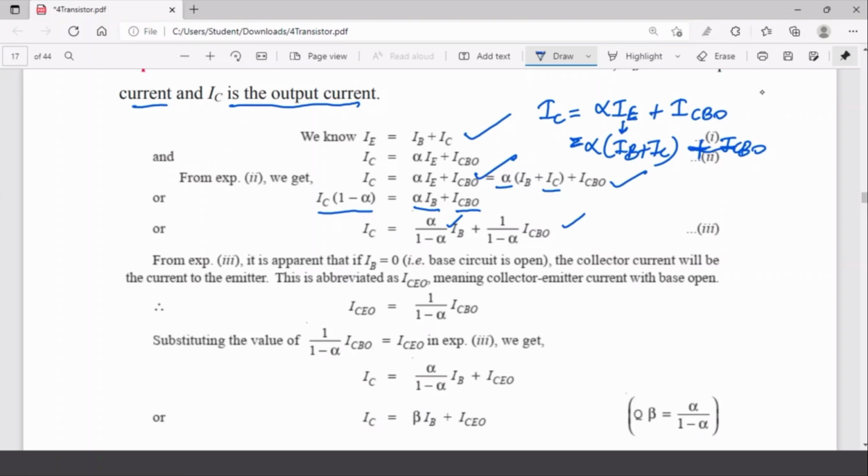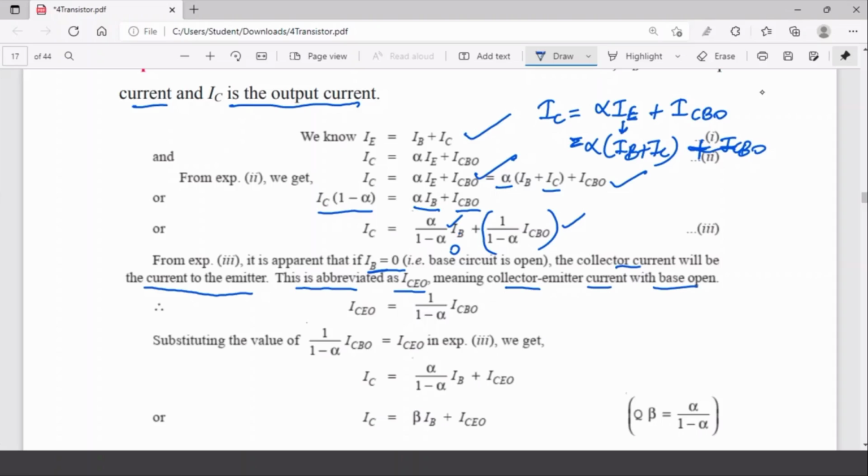Now in this expression, if IB is 0, that means my base is open here, base circuit is open, the collector current will be equal to the current of the emitter, right? So this is abbreviated as ICEO, meaning collector to emitter current with base open. So what is this current? This remaining quantity, if IB is 0, this quantity becomes 0 here.